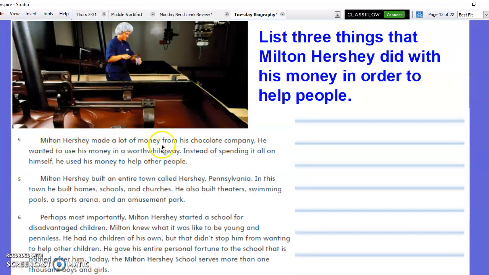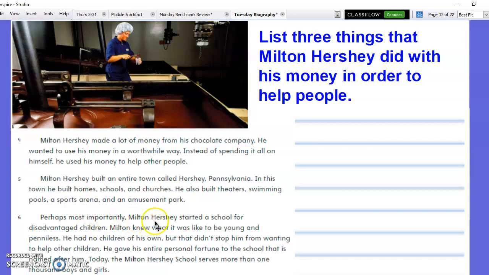Milton Hershey made a lot of money from his chocolate company. He wanted to use his money in a worthwhile way. Instead of spending it all on himself, he used his money to help other people. Milton Hershey built an entire town called Hershey, Pennsylvania. In this town, he built homes, schools, and churches. He also built theaters, swimming pools, a sports arena, and an amusement park.